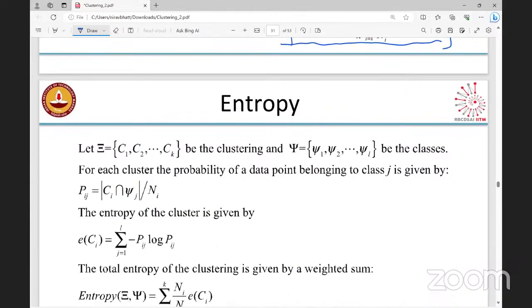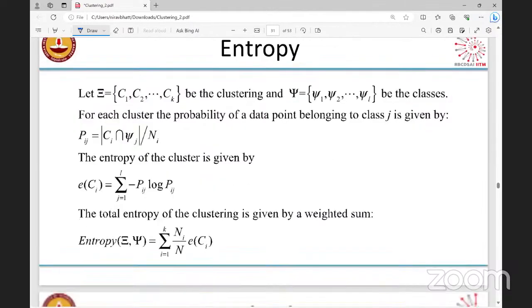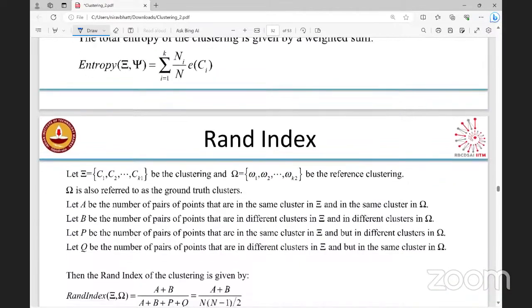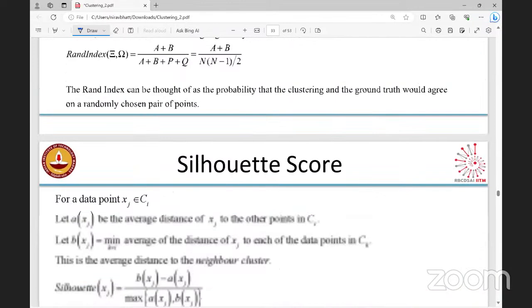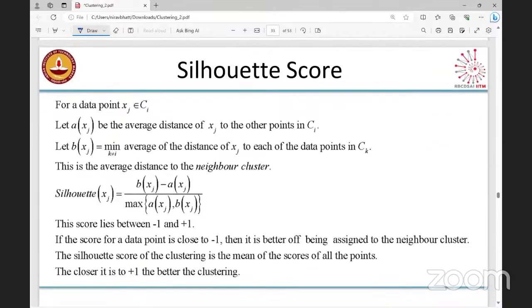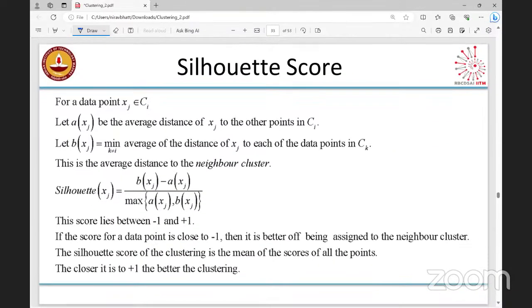There's another concept, entropy, which is used. I'll skip it for the time being. Rand index also I'll skip, but I'll discuss the silhouette score. What the silhouette score is trying to achieve is some kind of closeness between different points.